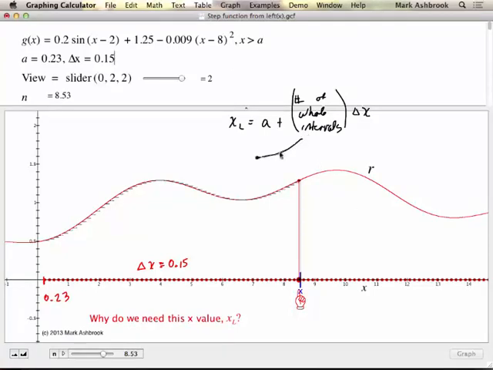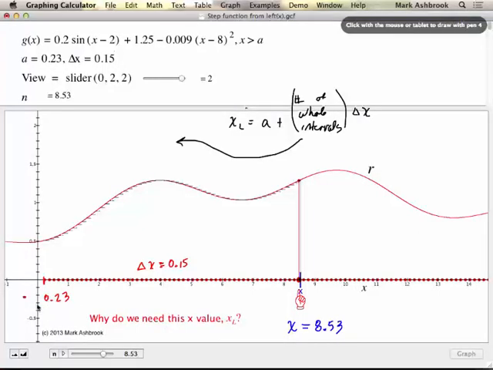So we're looking at just this part of it. We've got x equals 8.53, the current value of x. The starting value of a is 0.23, and our delta x is 0.15. Somehow with these three values, we have to come up with a way to generate the number of whole intervals so we don't have to sit here and count.